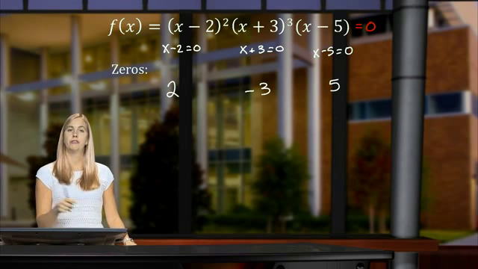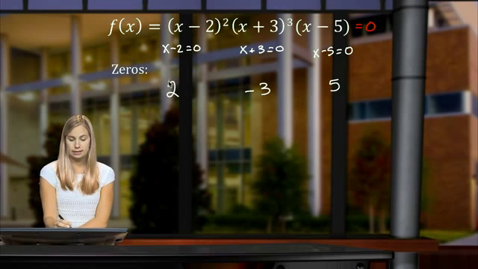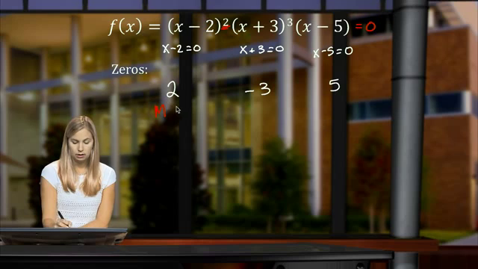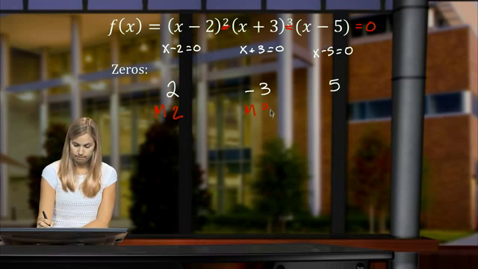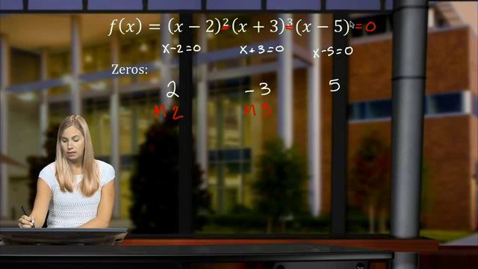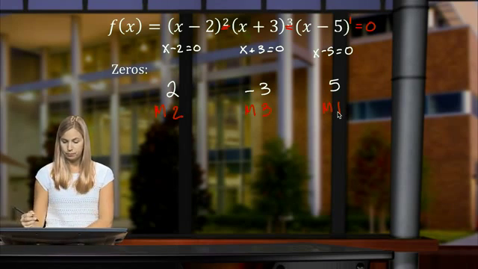Now let's go back and review the multiplicities of these zeros. The multiplicity of this zero comes from that exponent. The multiplicity is 2 here. For my zero of negative 3, the multiplicity is 3. And for 5, the exponent on this x minus 5 factor is actually 1, so my multiplicity is 1.